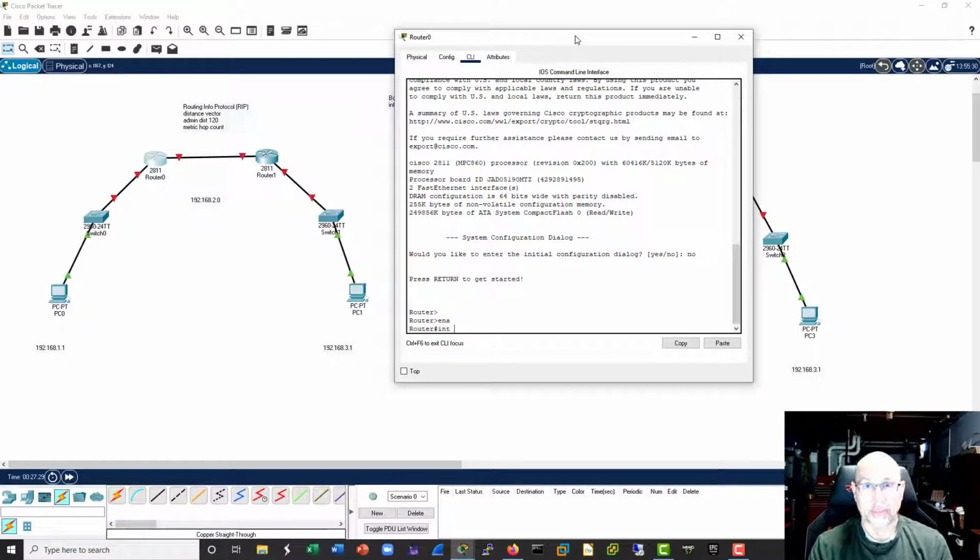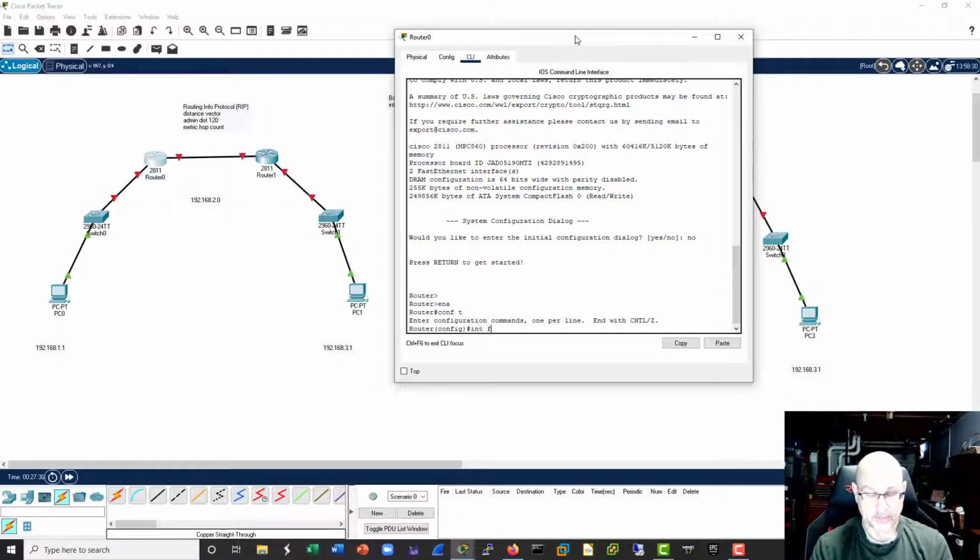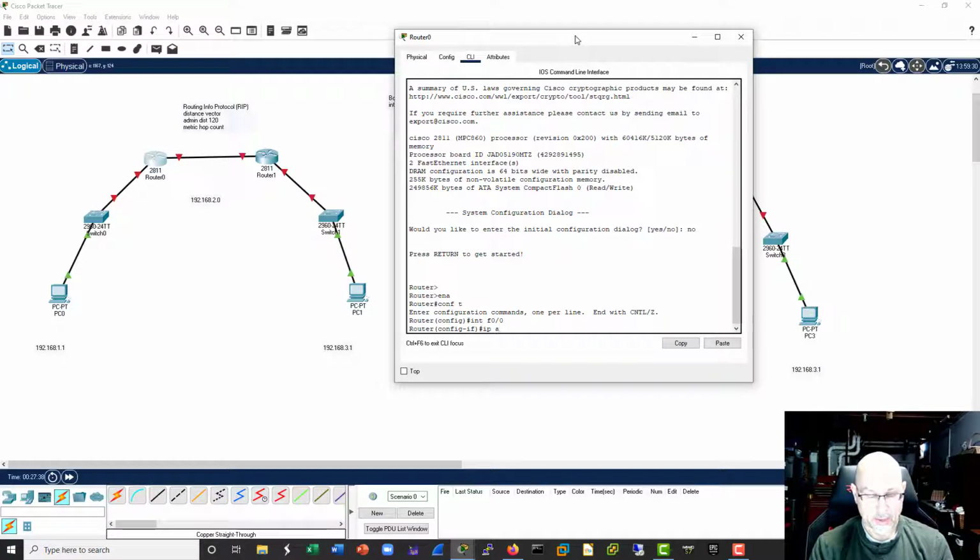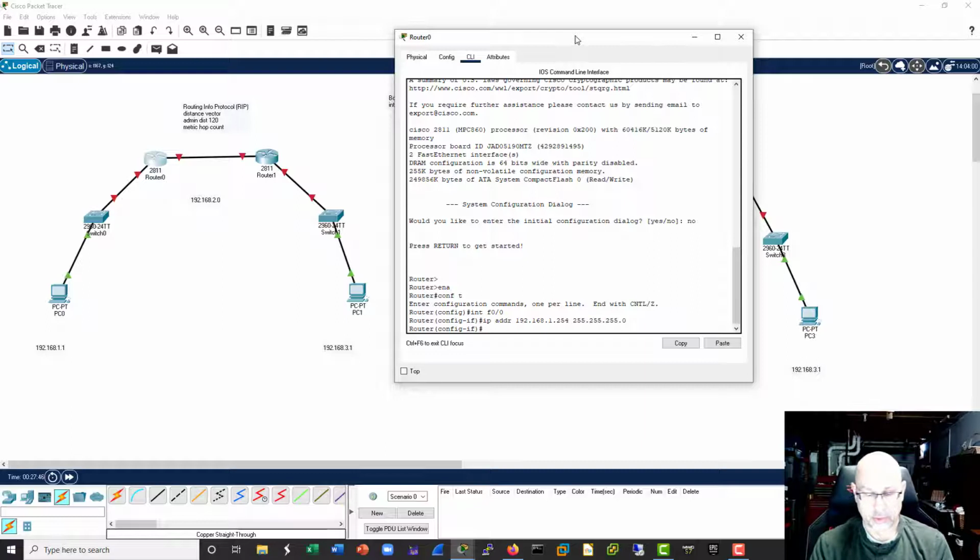So we're on router 0 here, so first we'll do config t, and we'll set the IP address 192.168.1.254, and then our mask. Do a no shut.